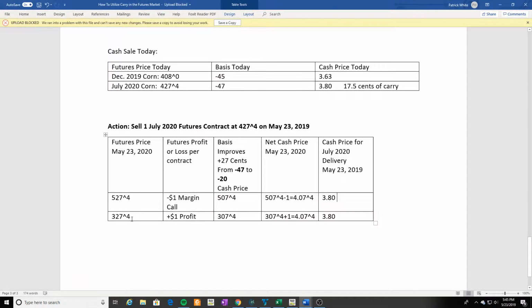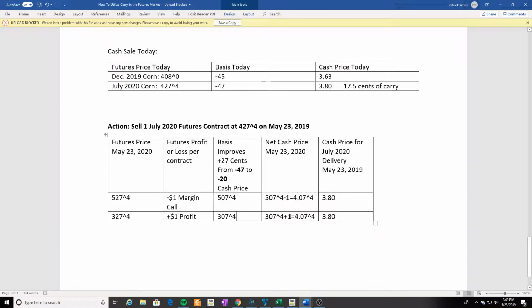And so this other example would be if you locked it in at 427.5 and the market went down to 327.5. Well, you'd have a $1 profit in my office and no margin call, obviously. And if you had a 20 cent under basis, you'd be getting 307.5 across the scale when you sold it at the co-op.